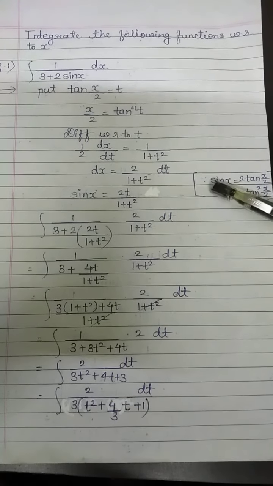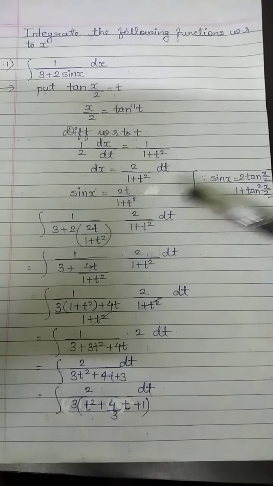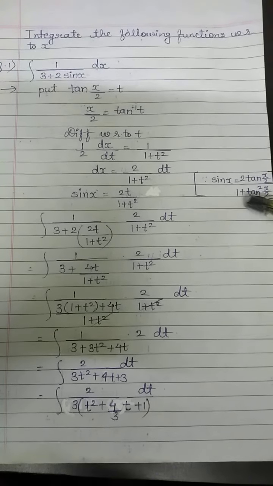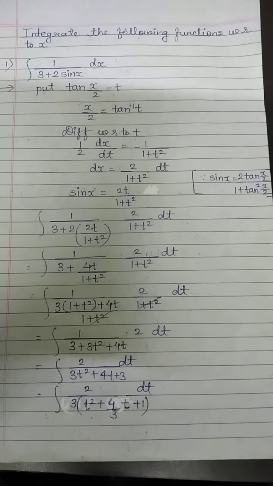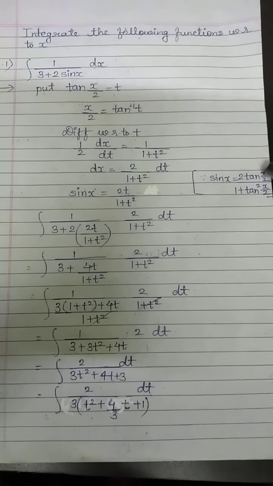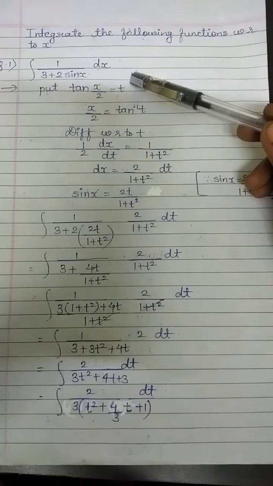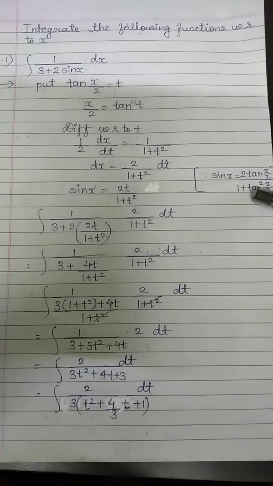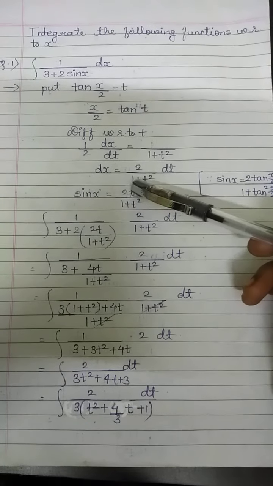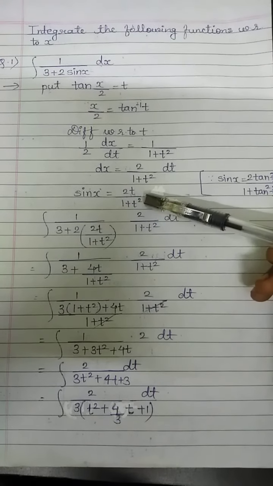But since here only sin x we require, so we need to write 2 tan x by 2 upon 1 plus tan square x by 2, half angle. So as we know that tan x by 2 is nothing but t, this formula we can write in terms of t. So sin x is equal to 2t upon 1 plus t square.